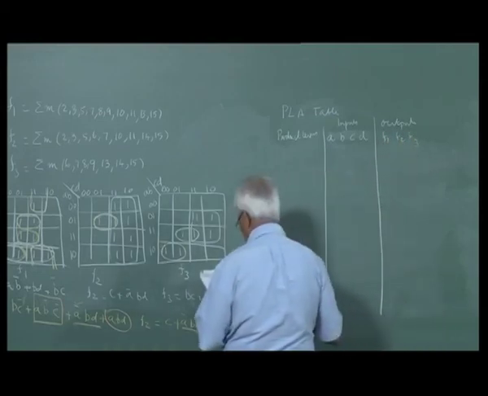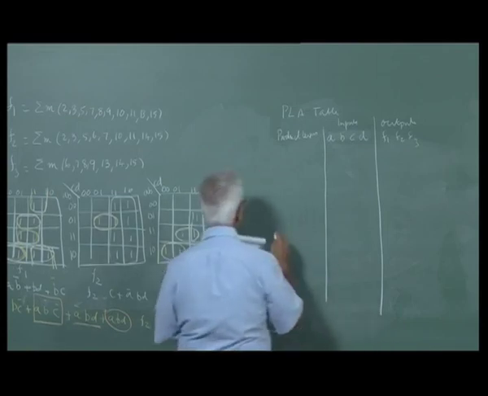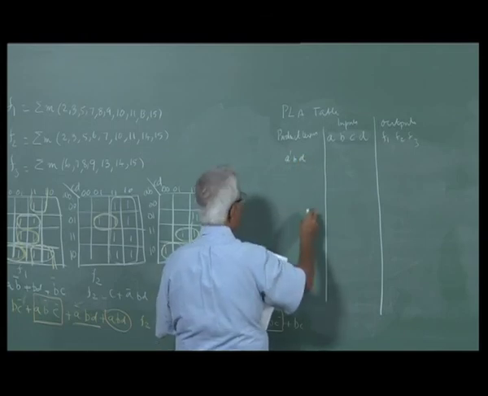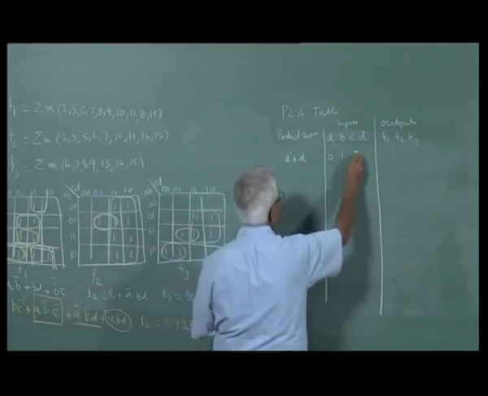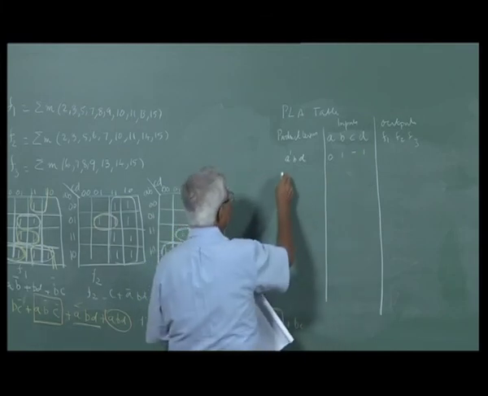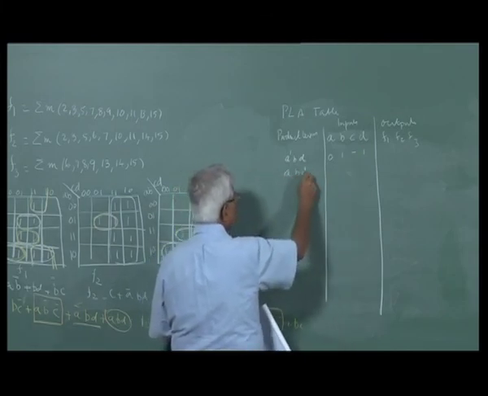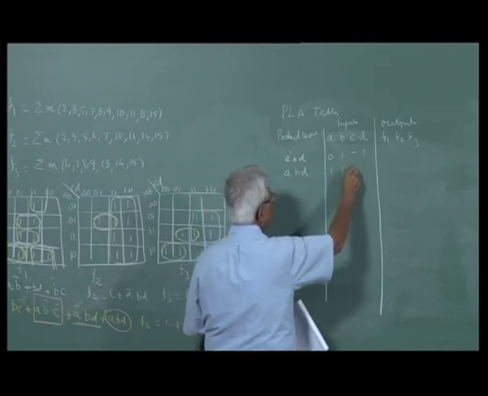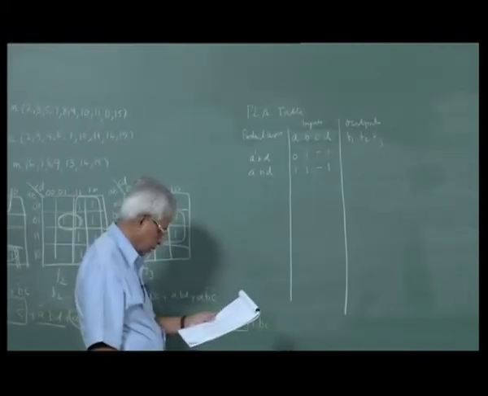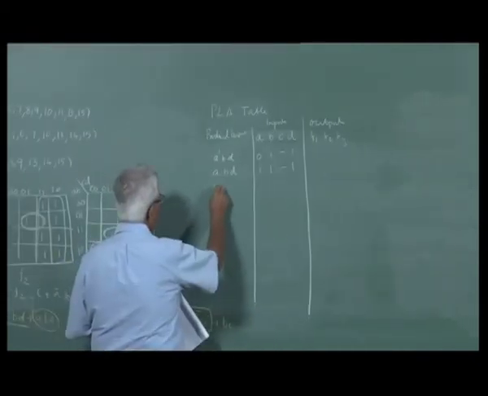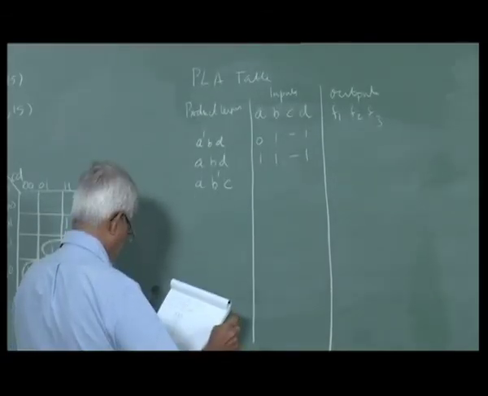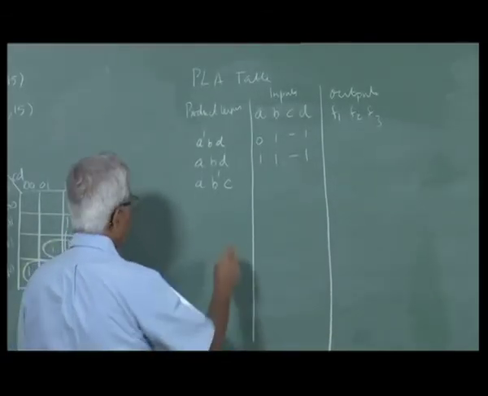Product term, first product term is A bar B D. Second product term is A B D. Third product term is A B bar C bar.